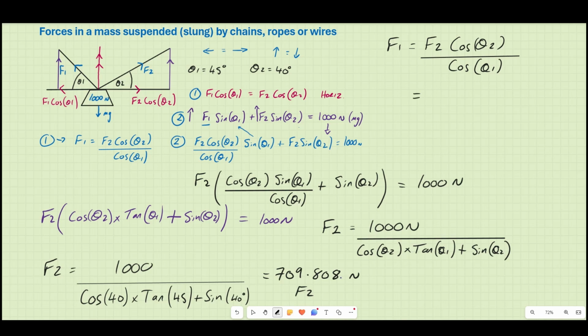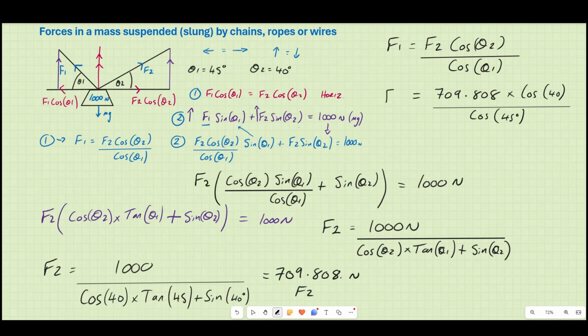So F2 is 709.808 to 3 decimal places, multiplied by the cosine of angle 2, which is 40 degrees, over the cosine of angle 1, and angle 1 is 45 degrees.